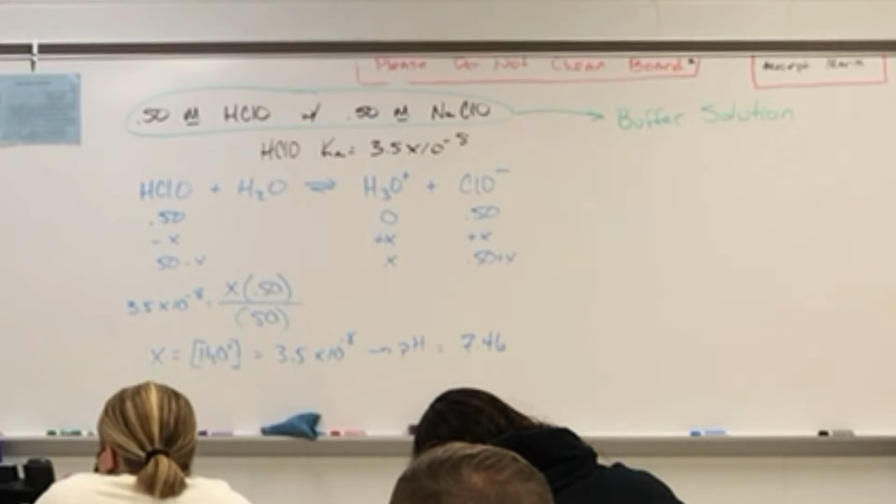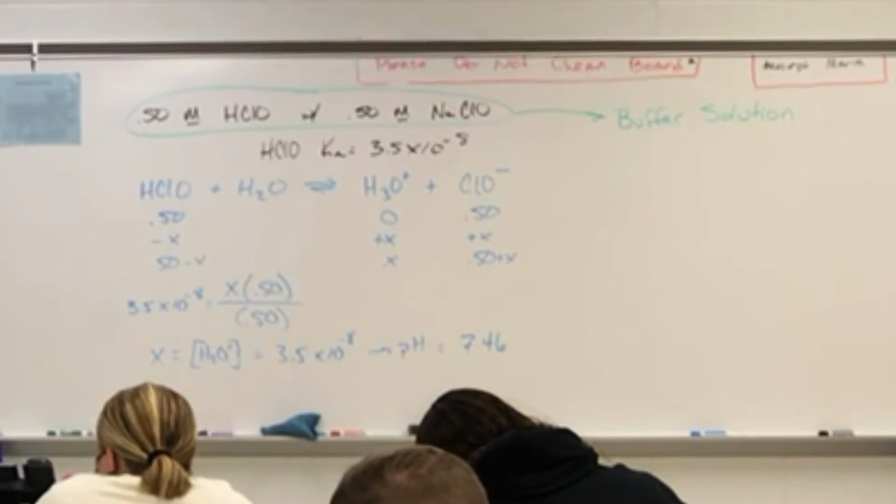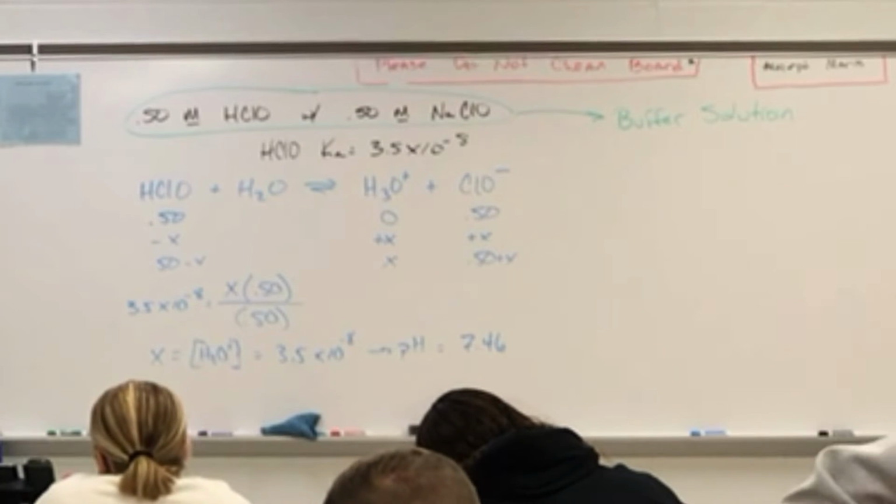I'm not saying that you can't do that. I'm just saying our focus is going to be on those. So again, a buffer solution is a mixture of a weak acid and a weak base, preferably conjugates. And those solutions will resist changes in pH.